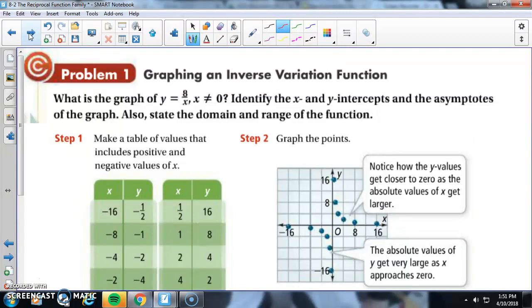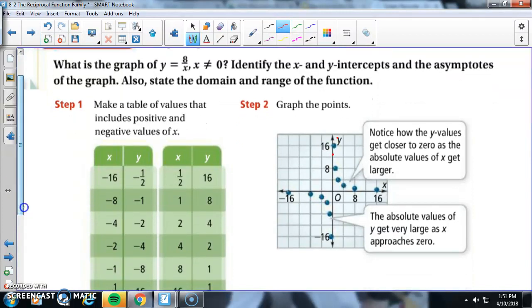Those come from the horizontal and vertical translation. So if we're not translating horizontally and vertically, we have asymptotes at x equals 0 and a horizontal asymptote at y equals 0.